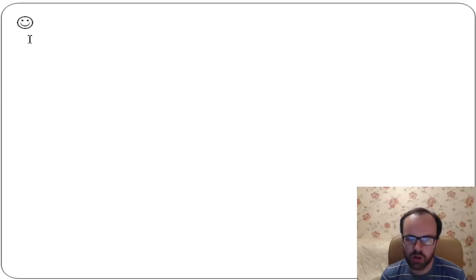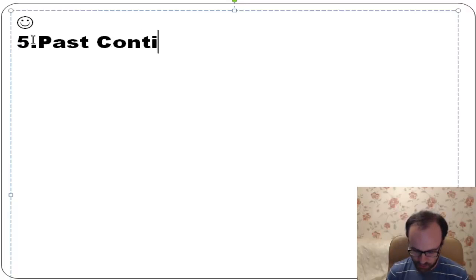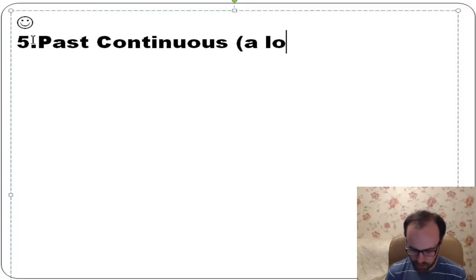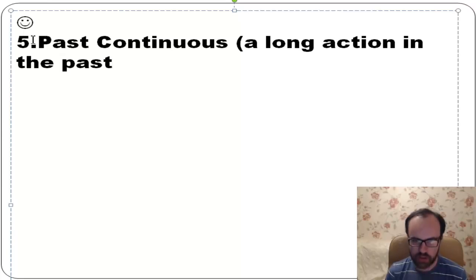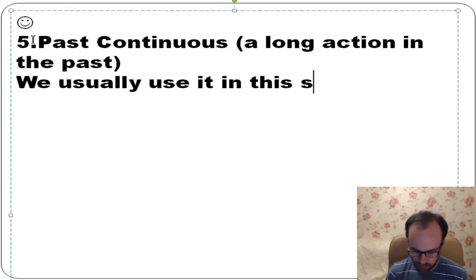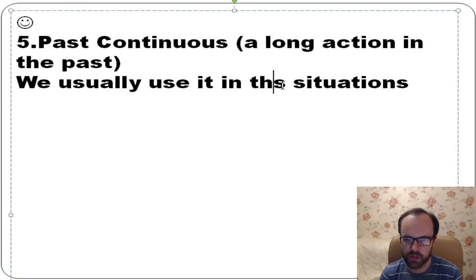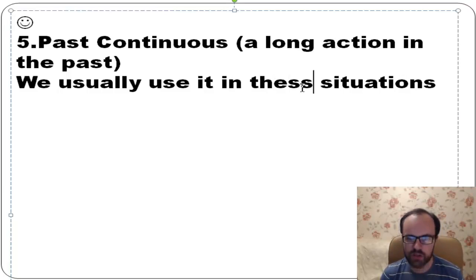So, let's talk about the next tense. It's past continuous. It's a long action in the past. We usually use it in these situations.